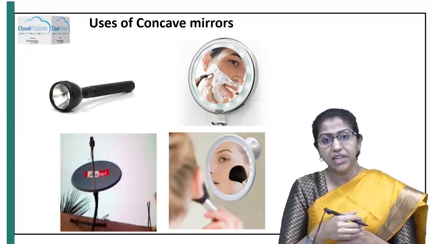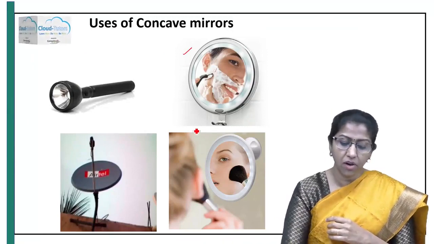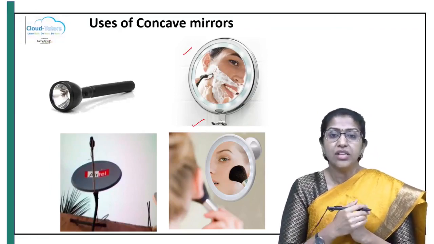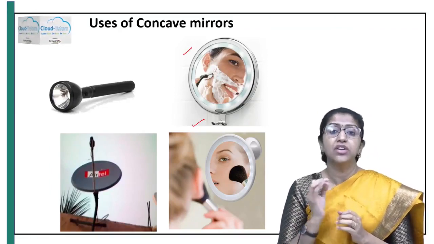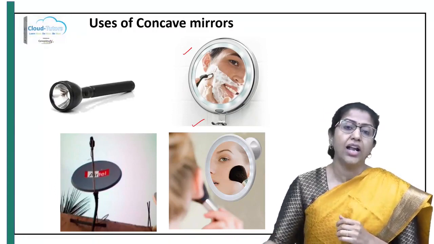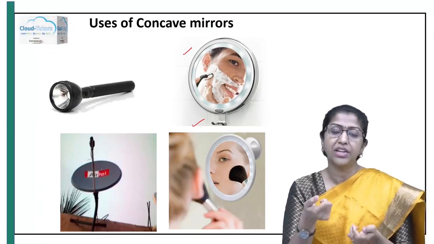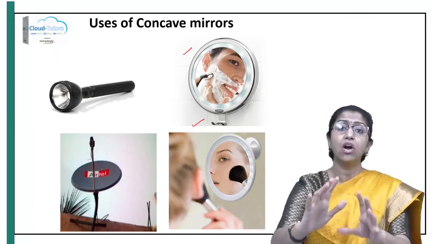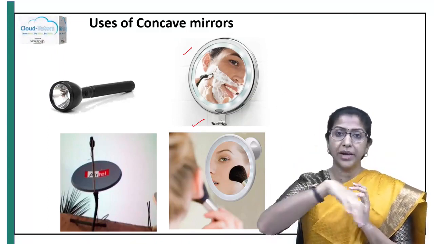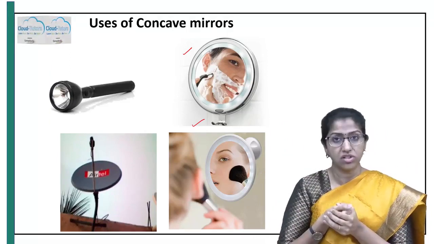Moving on, as I already mentioned, the concave mirror is used as a shaving mirror, or it can be used as a makeup mirror for girls, right? And also it is used in torch lights and headlights of your vehicles. Now, how do they do this? In torch lights, you must have noticed when you switch on the torch, you get a very long beam of light, and also the circle that is formed by the light rays is quite large in nature when compared to the torch.